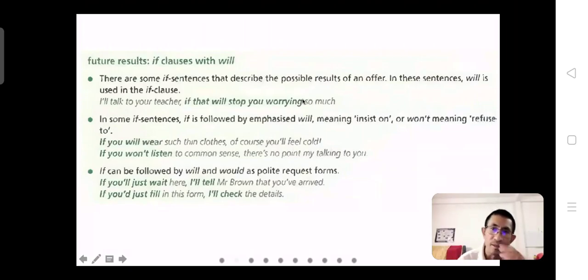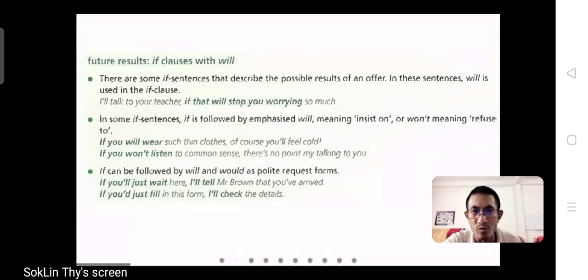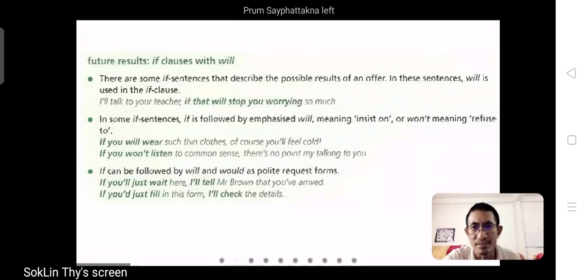You can use it with an if clause. But in some other textbooks, we might say that will cannot be used in an if clause. But you can use it in an if clause when you refer to the possible result. Very interesting.